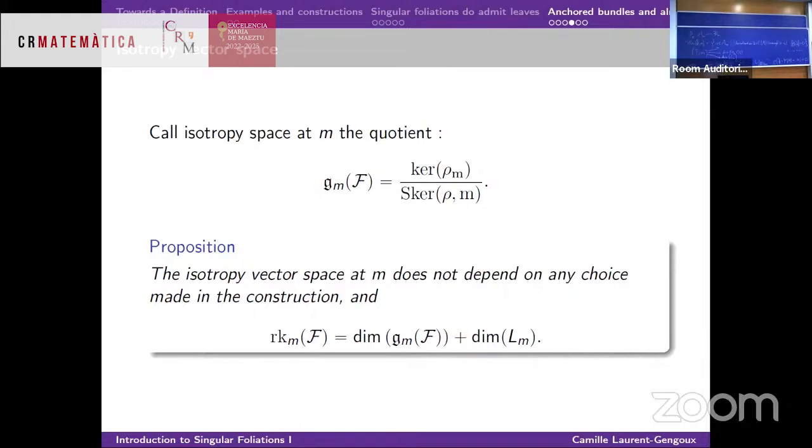That's general sheaf theory. It's locally finitely generated, so the rank makes sense, the minimal number of generators. So the rank of F at M makes sense. And you can prove that the rank at M is the dimension of the leaf plus the dimension of that vector space. Okay, these three integers are linked.